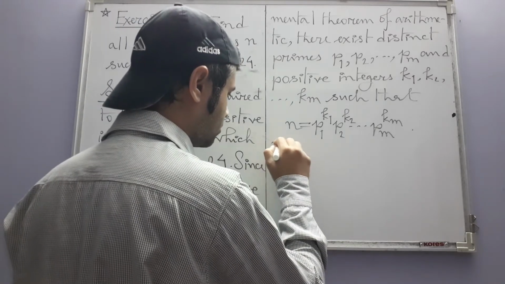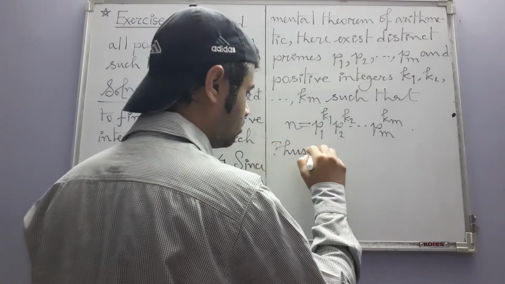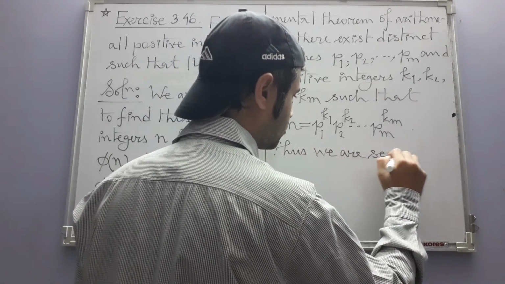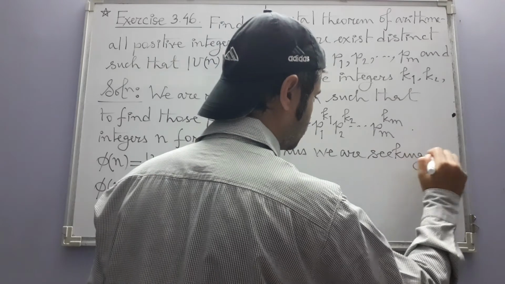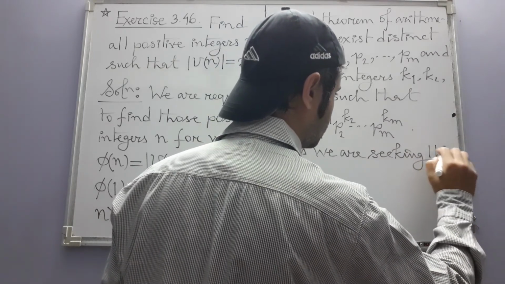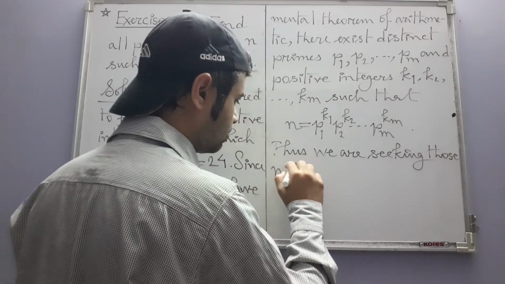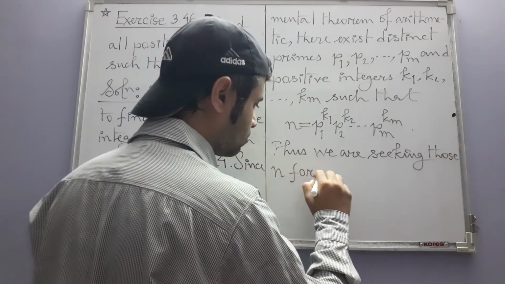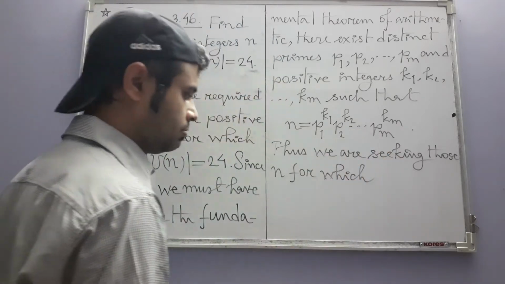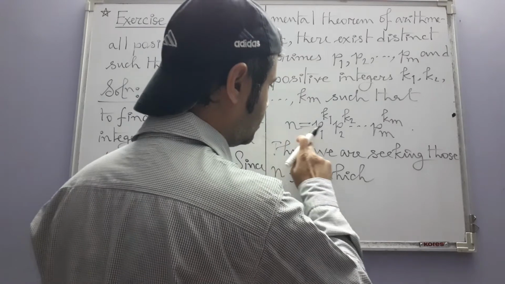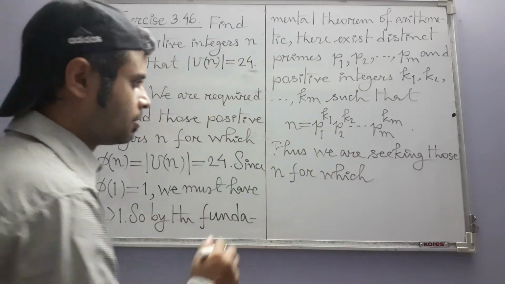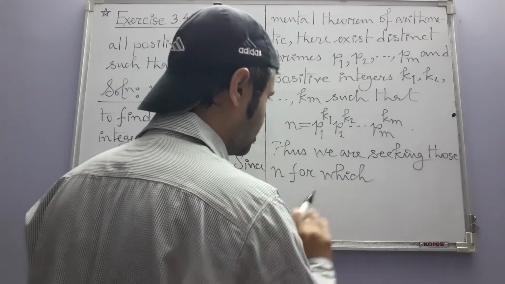Thus, we are seeking those n for which phi of n equals 24. Now if n has this prime factorization, we already know what phi of n ultimately turns out to be.